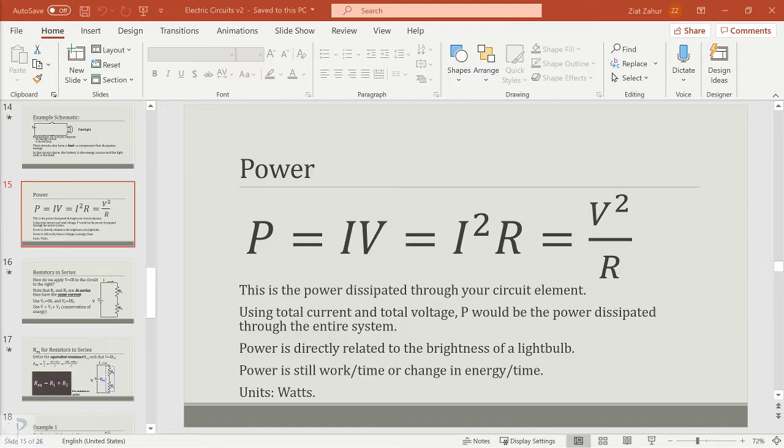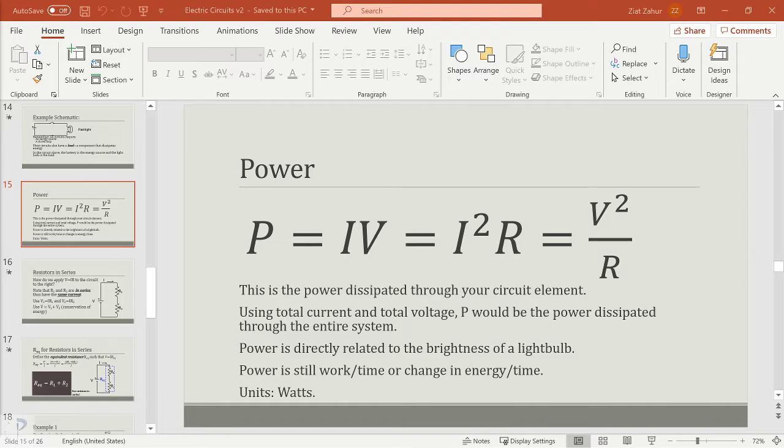Basically, look at the power of each resistor. Whichever draws the most power is the brightest. And you can even use light bulbs instead of resistors in your circuit and see. And of course, don't forget your units.